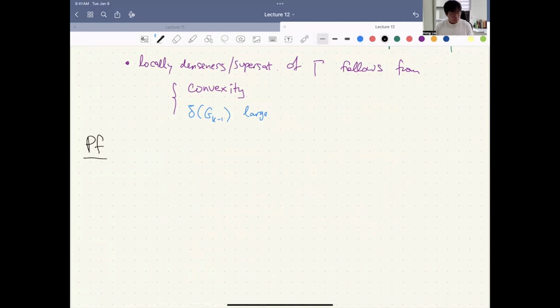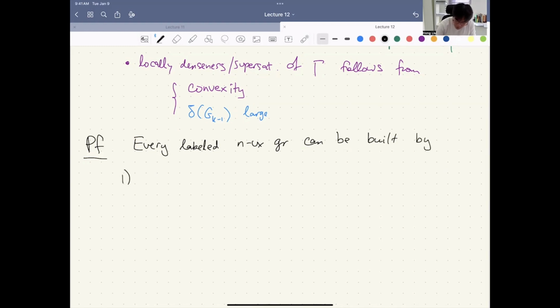As I said, every labeled n-vertex graph can be built by first choosing an ordering of vertices.